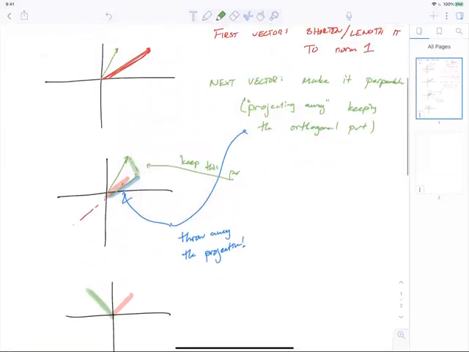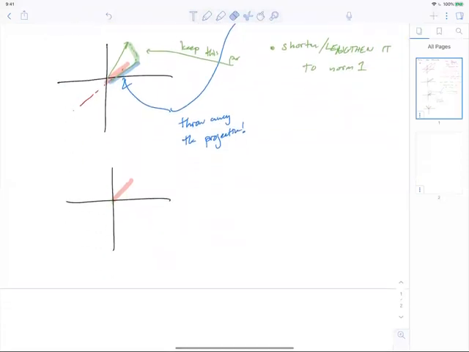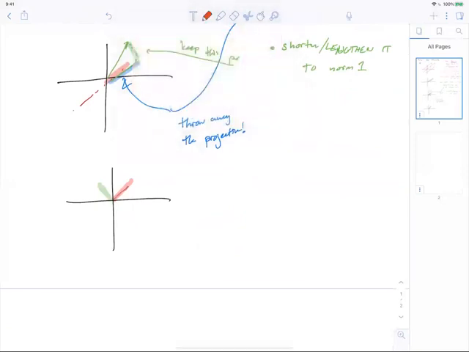So the next thing we need to do, the second step, is shorten or lengthen the result to norm 1. So we're going to go ahead and shorten that guy up. And now we have this nice rectangular square grid.